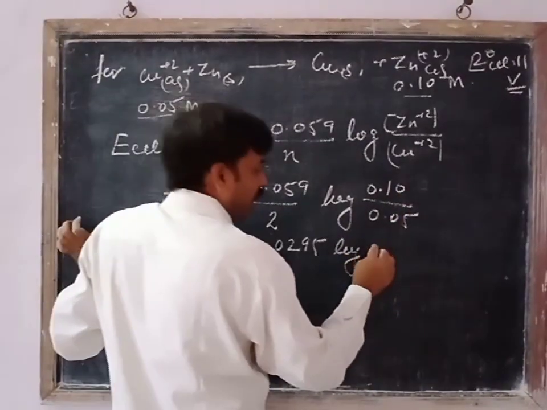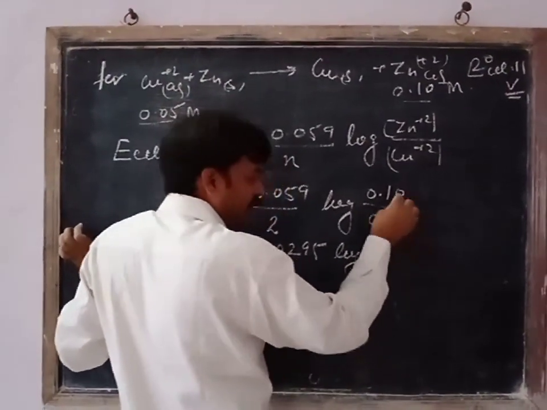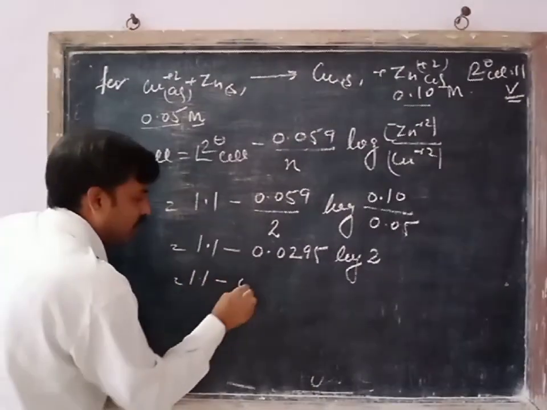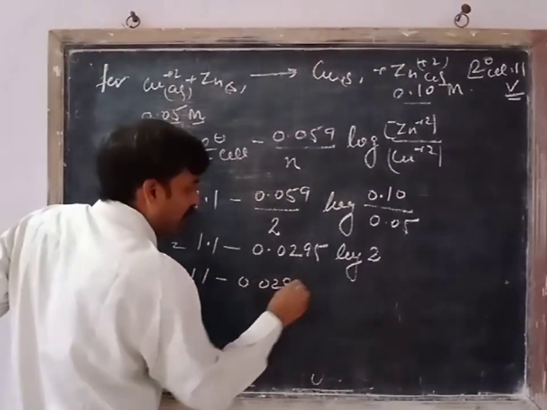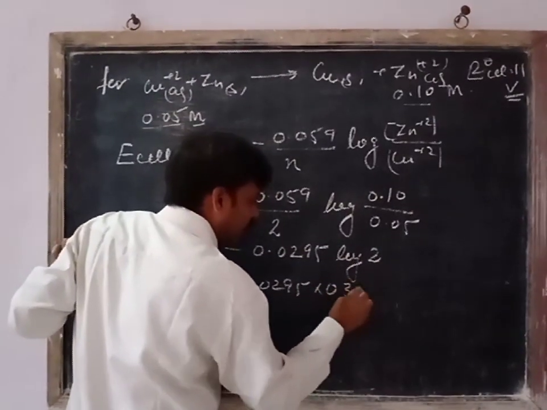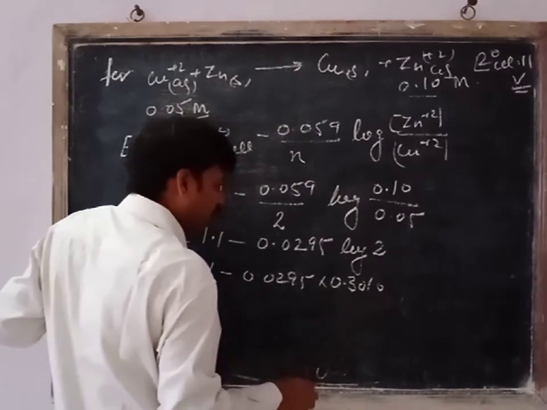Now by solving it, the ratio will be 2. So 1.1 minus 0.0295 times log 2, where the value of log 2 is 0.3010.